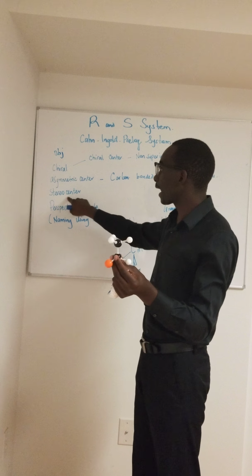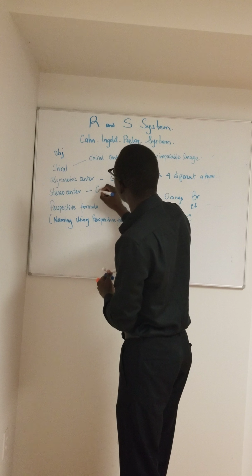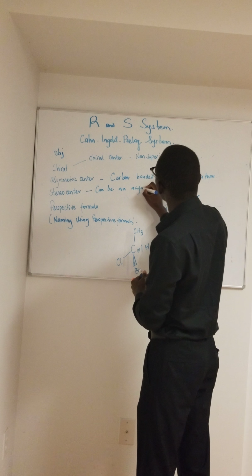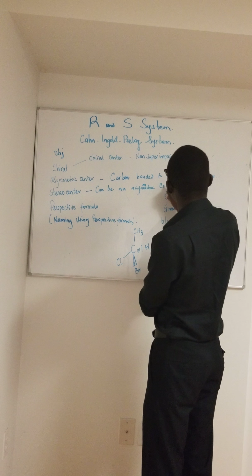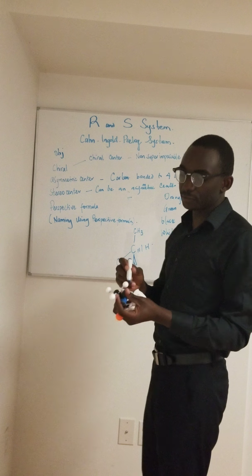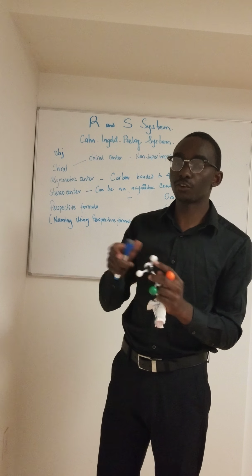So a stereo center can be an asymmetric center, and also we saw that cis and trans also produce what we call stereo centers.